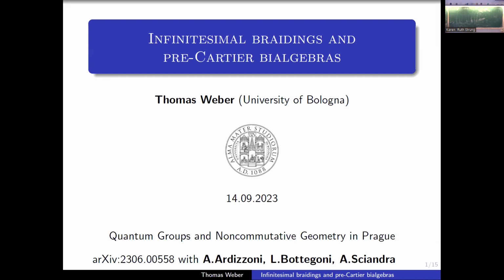Here I will just give you an overview picture. I will work on H, which is a bialgebra, and on this we are going to have a look at quasi-triangular structures, which will be some elements R in H tensor H. We are going to see what their properties are.